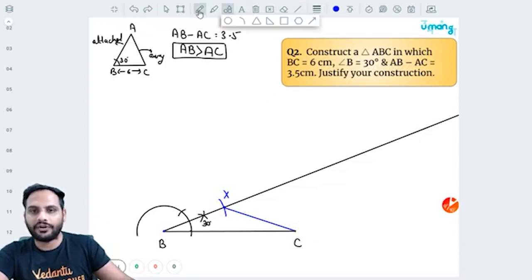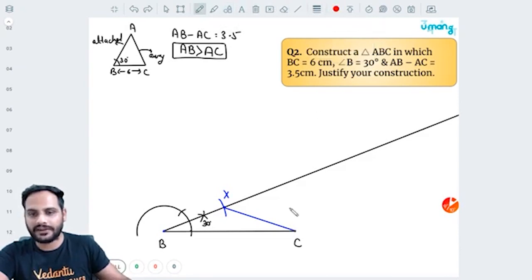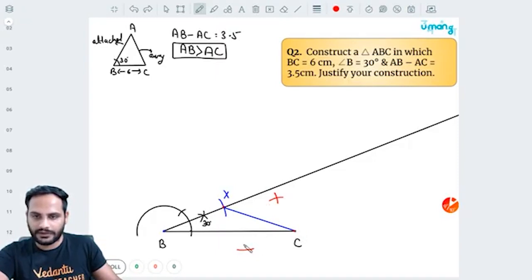After that, draw the perpendicular bisector of this XC. Keep the tip of the compass at X, open more than half, one cut over here, another cut over here. Keep the tip of the compass at C, one cut over here and another cut over here. That is your perpendicular bisector. Let us draw through these 2 points.